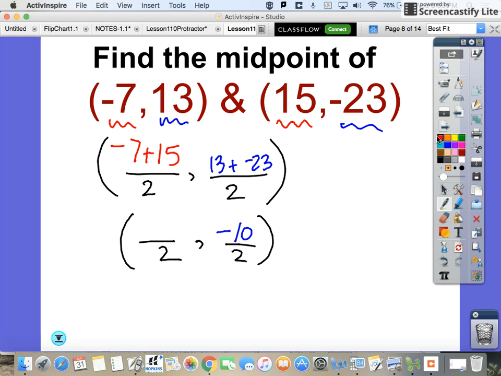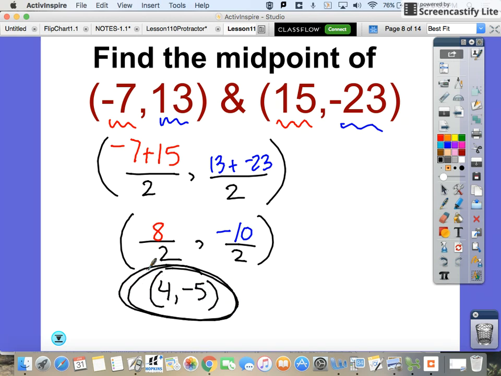And then negative 7 plus 15 is 8. So we still have to divide these by 2. 8 divided by 2 is 4. Negative 10 divided by 2 is negative 5. So this would be our midpoint. Again, 4 is halfway between negative 7 and 15. Negative 5 is halfway between 13 and negative 23.